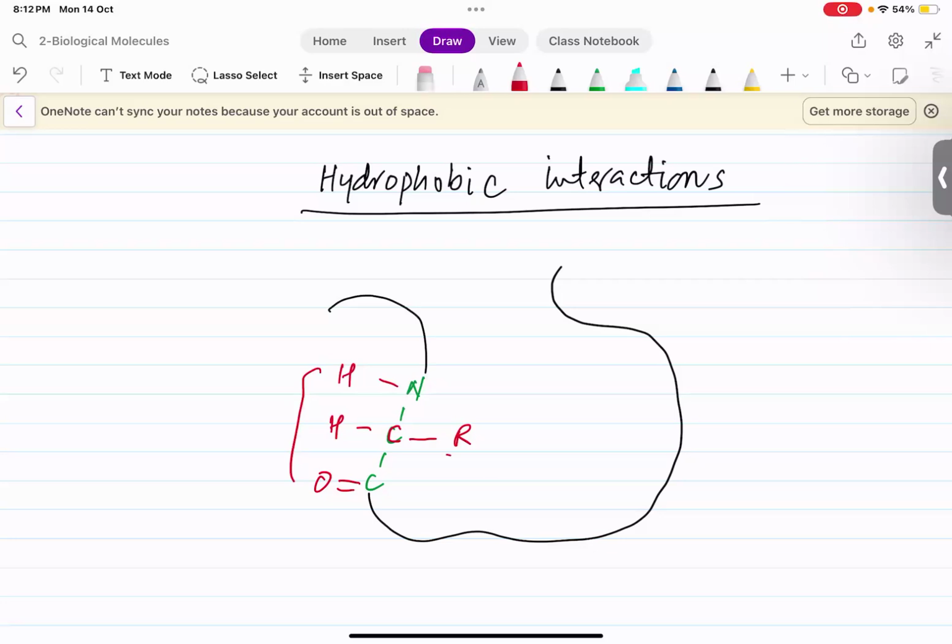Okay. If this R group is non-polar, and another amino acid in the polypeptide chain, which has a non-polar R group, that we can write this way. It has an N, C, and C. So this C has double bonded oxygen here, and this has an R group here, and this has hydrogen here, this is hydrogen here.